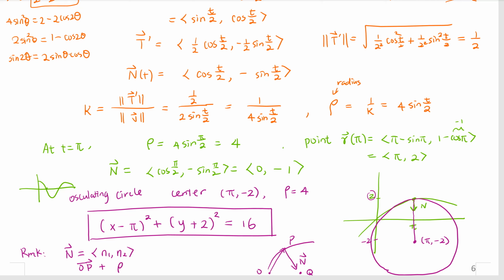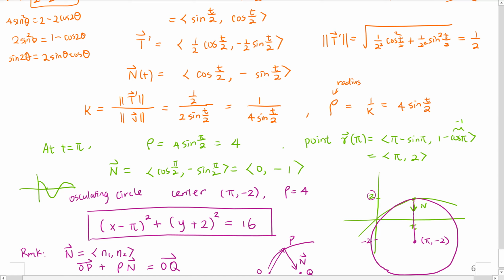So rho times n. Okay, so this guy is going to be OQ. So this is how you find the center. The center OQ is going to be OP, your original point, plus rho, the radius, times the principal unit normal vector.